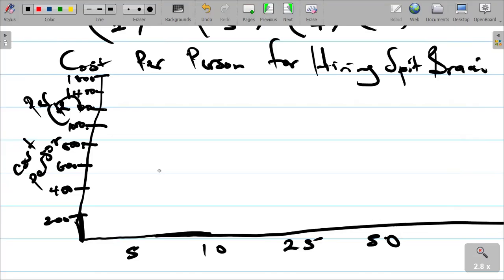Those are our figures there. 1,800, I'm using an interval of 200 going like that.